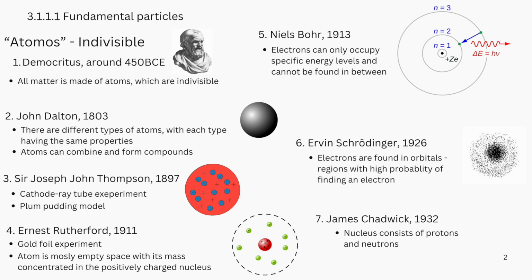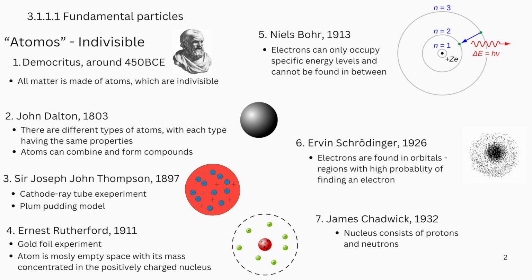It could not be atoms since they were believed to be neutral. As a result, Thomson proposed a new atomic model, often called the plum pudding model. In it, the atom was thought to consist of negatively charged electrons embedded within a positively charged pudding, resembling a dessert.